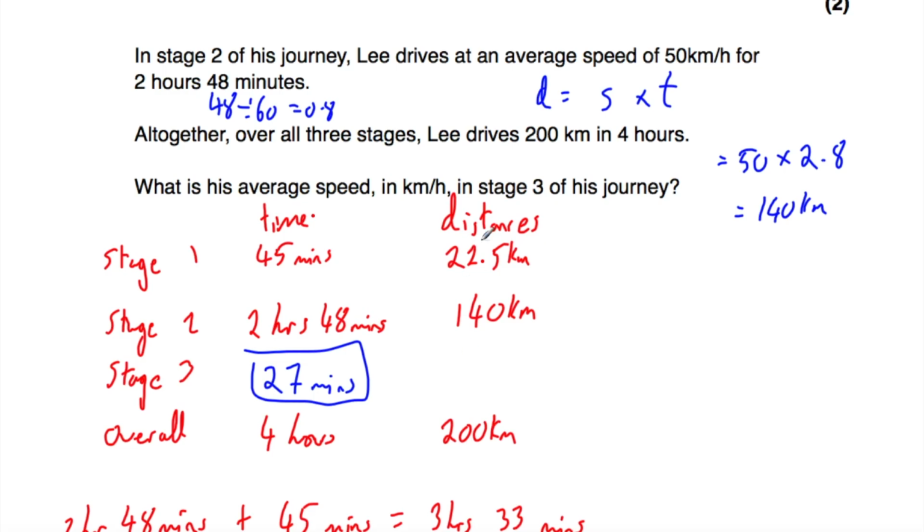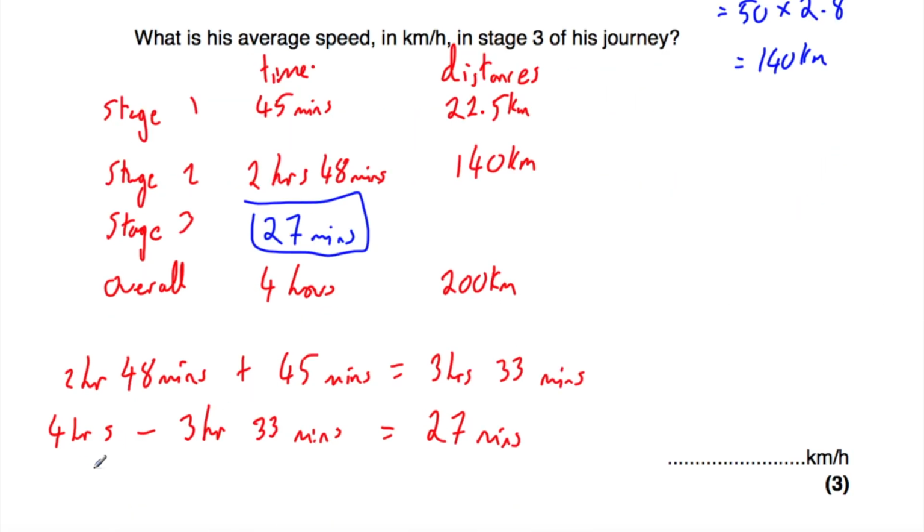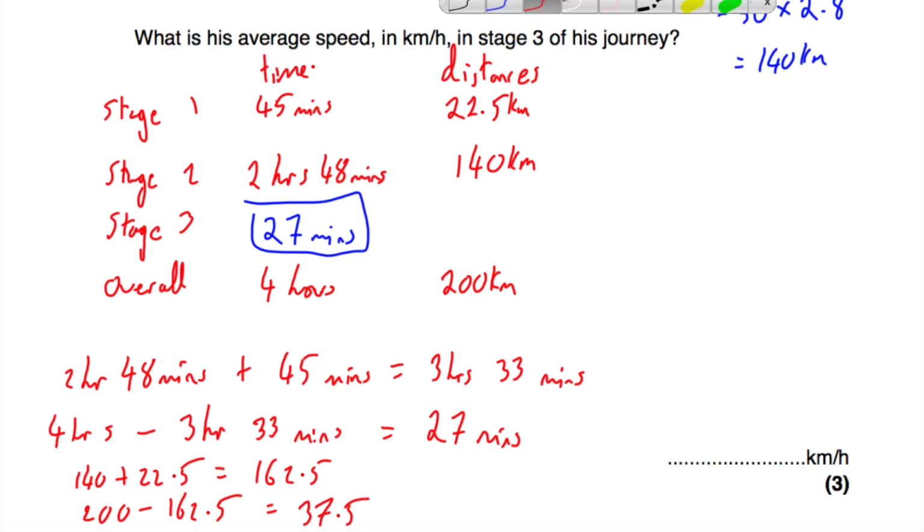Okay, so let's add together the two distances we know. So let's do 140 plus 22.5, and that's equal to 162.5 kilometers. And then do 200, take away 162.5, and that's equal to 37.5. So that means that in stage 3, Lee travelled the distance of 37.5 kilometers.